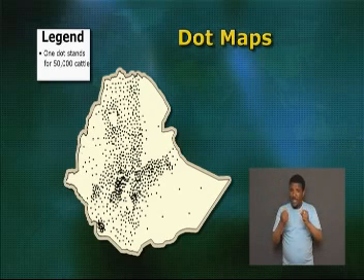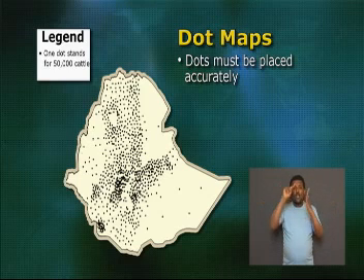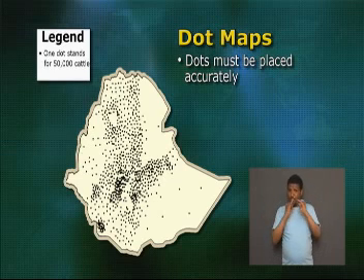There are 3 precautions that a maker of dot maps must take. First, it is important that the dots are placed accurately on the map so that the information is not misleading.